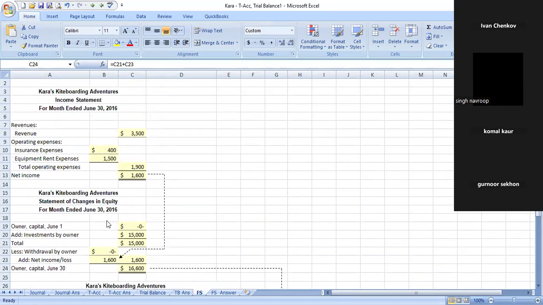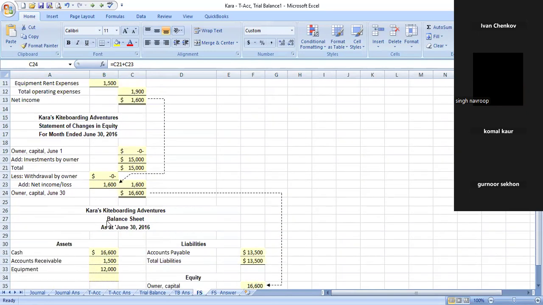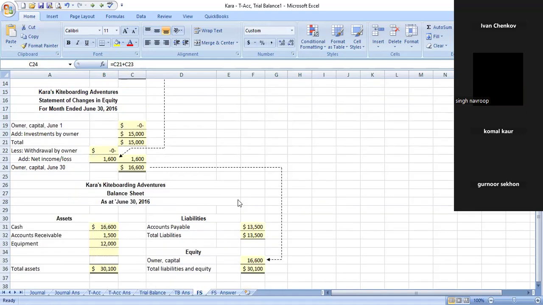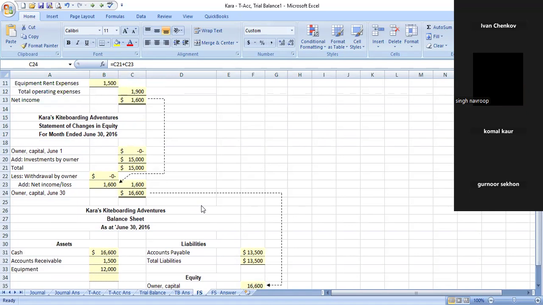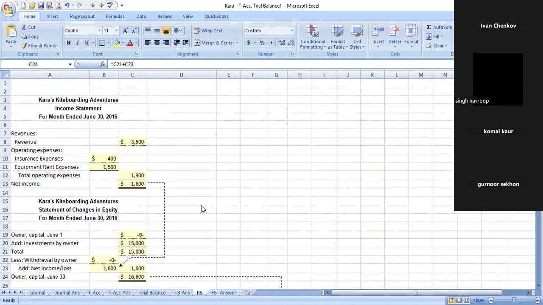Inventory, on which statement is it going to appear? What are you going to say? Balance sheet. That will be the right answer, balance sheet, right? If you have owner's capital, on which statement is it going to appear? Statement of owner's equity, correct?